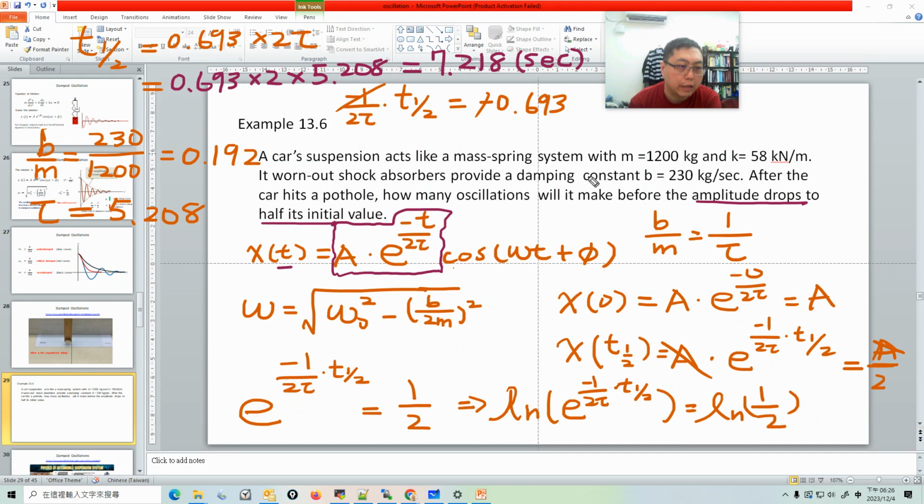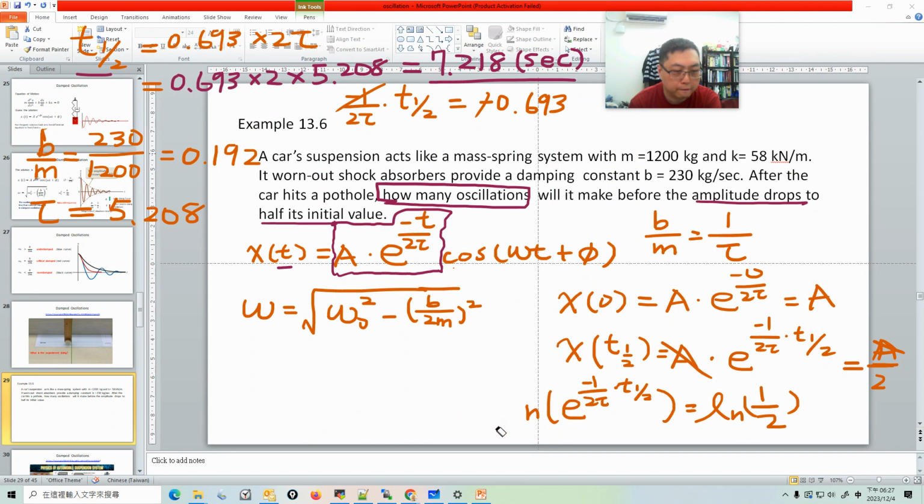But the problem is asking how many oscillations. So how do we calculate how many oscillations? What else do we need? We have this time, but we want to translate it into a number of oscillations. Let me clean up these things, and I'll give you time to think.